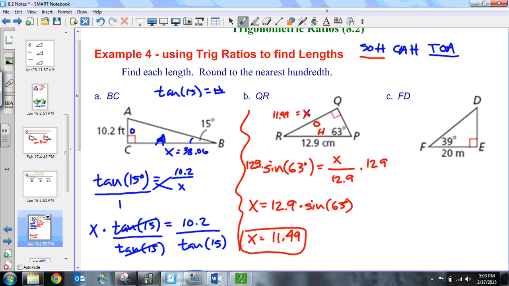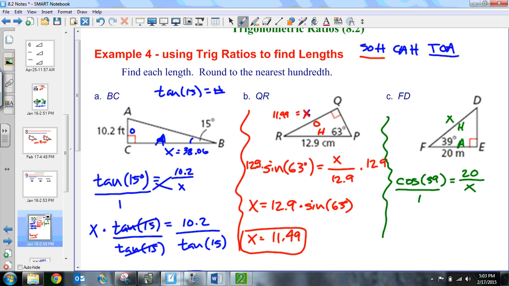Now let's do FD over here in this example. FD is the hypotenuse. Call that x. Now you're given 39 degrees. You're given the adjacent side, and you're given the hypotenuse. So if I take cosine of 39 degrees, then I'm going to get the adjacent side, which is 20, divided by x. Now this one I want to set up a proportion and solve.